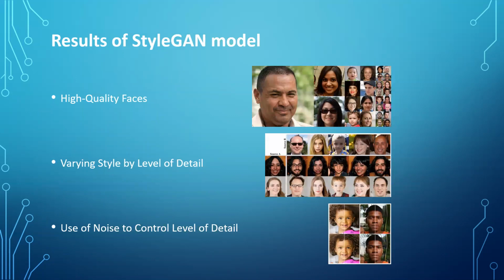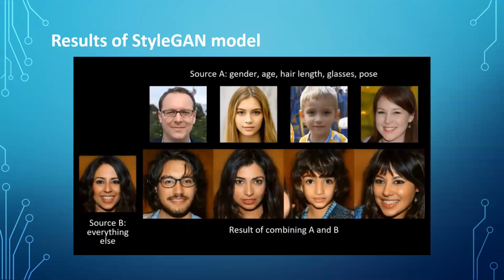The results from the StyleGAN model were lots of high quality faces with varying style by level of detail, and you can also control the noise level to show how much detail you want in the image.